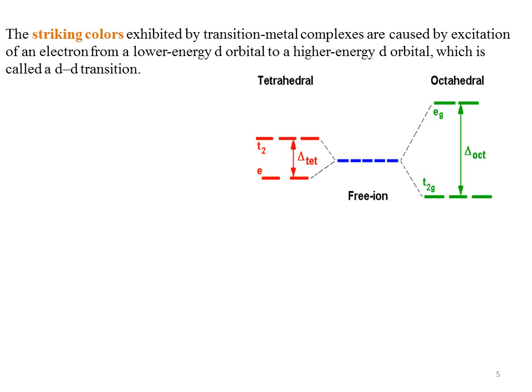You know that there are 5 degenerate d orbitals. When ligands approach the metal atom or ion, the 5 degenerate d orbitals split into two sets of energy.